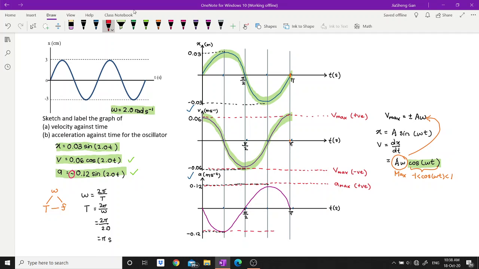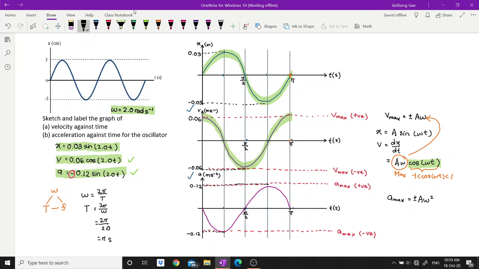This line here represents also maximum acceleration, but in negative. So because your acceleration will be fluctuating within this range, your A max, your maximum acceleration, will be plus minus A omega square.